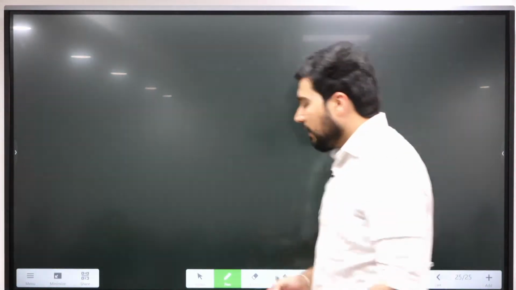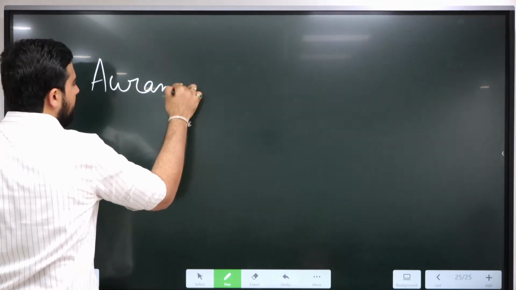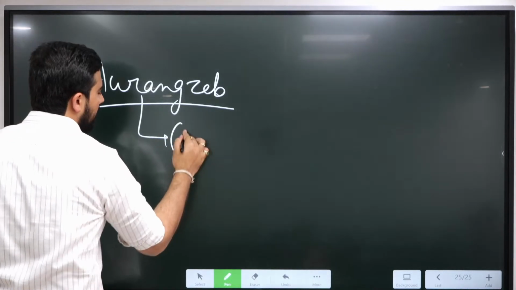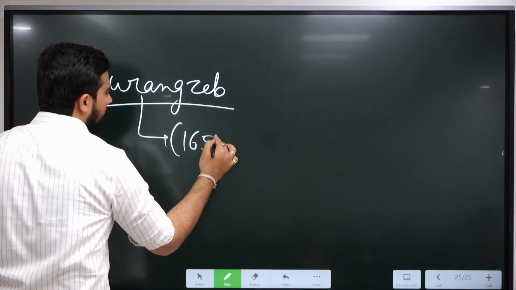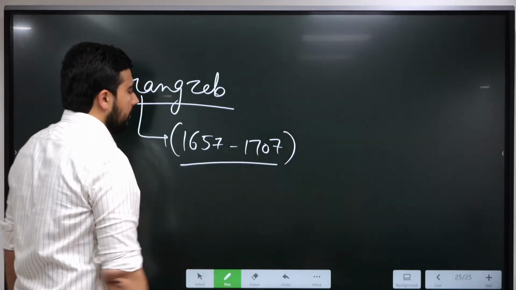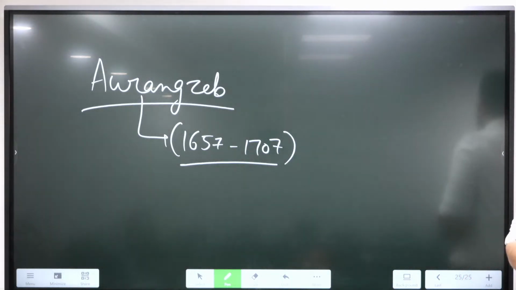Thereafter, finally, we see the rise of Aurangzeb. Just like Akbar, he also had a reign of roughly 50 years.